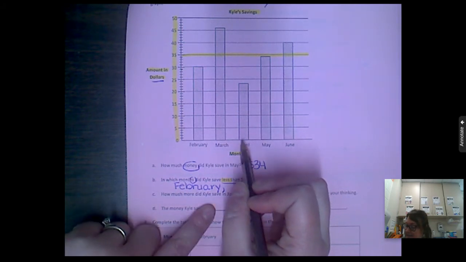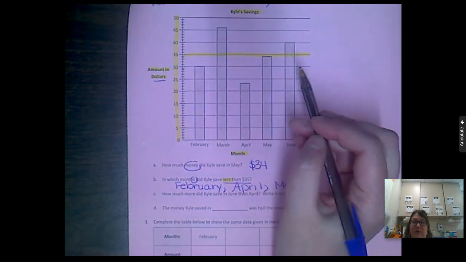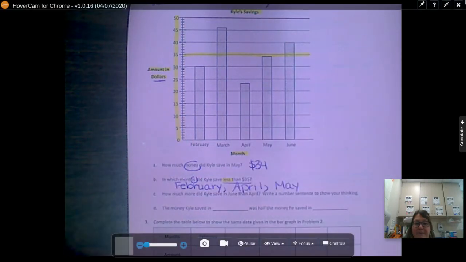Yes, April is less than 35. So capital A, P-R-I-L. And then how about May? Is May less than $35? Yes, May we just did was $34. So capital M-A-Y. And then was June less than $35? No, June is above that mark, right? Good.